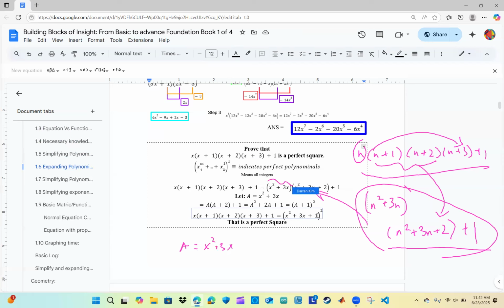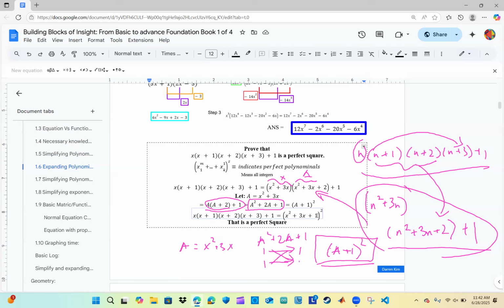So changing this to x, changing this to a, we get this form right here, and you can see this form over here, which is a squared plus 2a plus 1. Let me make sure this is actually correct. Yes, it is, which is a plus 1 squared, which is the perfect square. This part I don't really agree with, but it is technically correct, so I'm gonna leave it there.